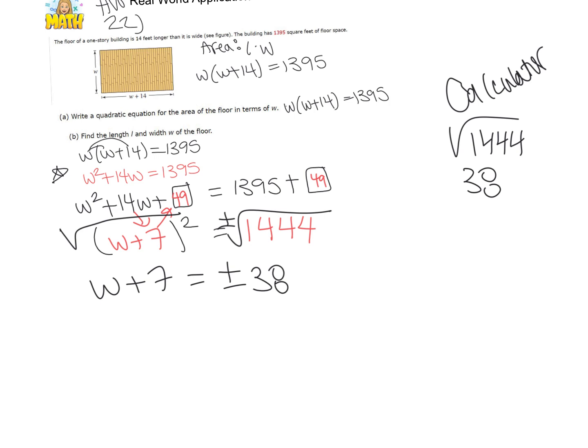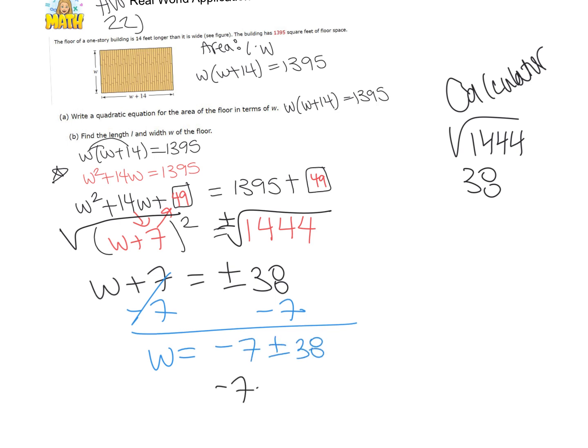So this time, the radical went away. When I subtract 7 from both sides, I'll be able to actually find the two numbers. This is basically negative 7 plus or minus 38, but that's really negative 7 plus 38 and negative 7 minus 38, right?